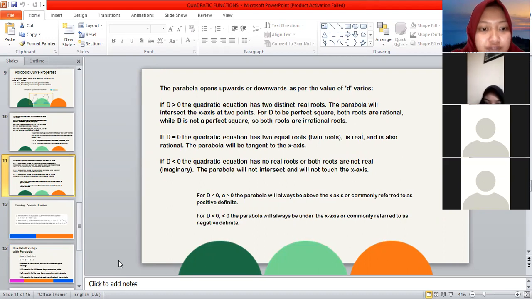If d equals 0, the quadratic equation has two equal roots or twin roots, which are real and also rational. The parabola will be tangent to the x-axis. If d is less than 0, the quadratic equation has no real roots, or both roots are not real, they are imaginary.